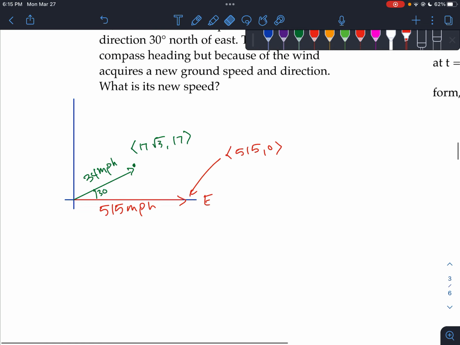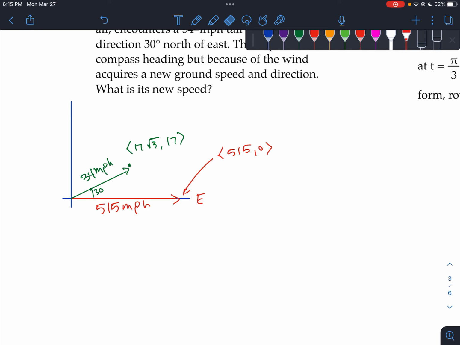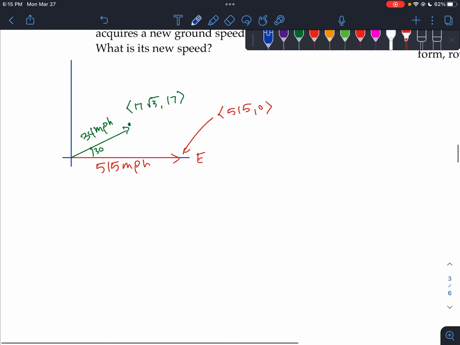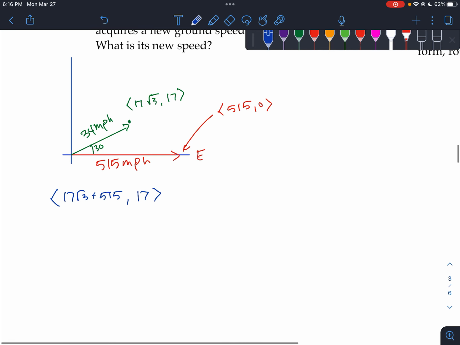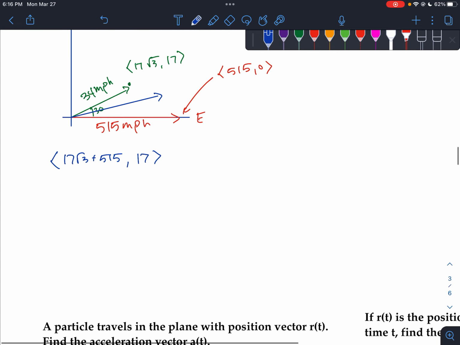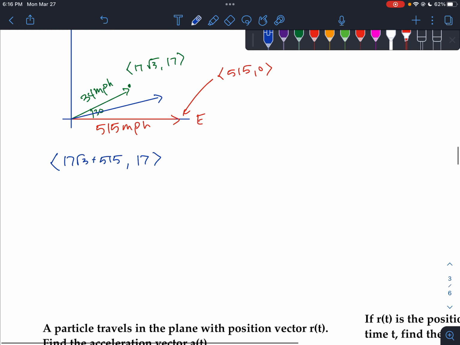The new vector will be the sum of these two vectors. So the new vector is (17 square root of 3 + 515, 17). This new direction and speed is what we're looking for.